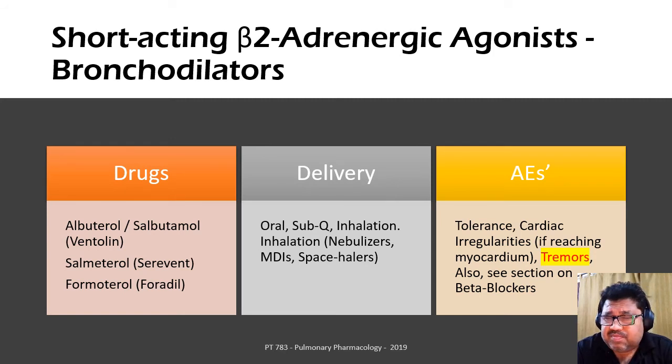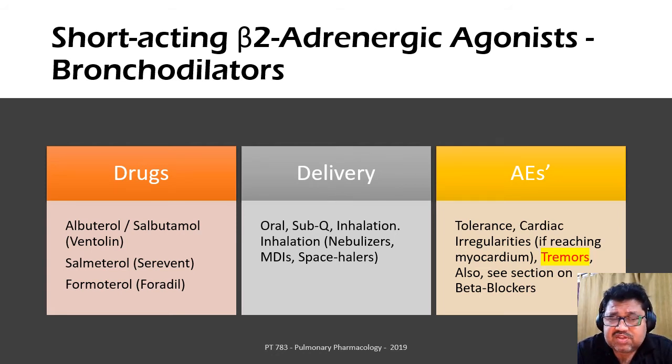These are delivered by the inhalation route using nebulizers, metered dose inhalers, and spacers. The devices, the nebulizers, MDIs, and spacers, are discussed in the equipment lecture provided separately.